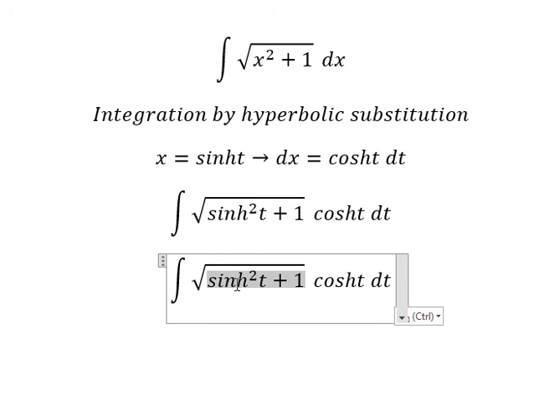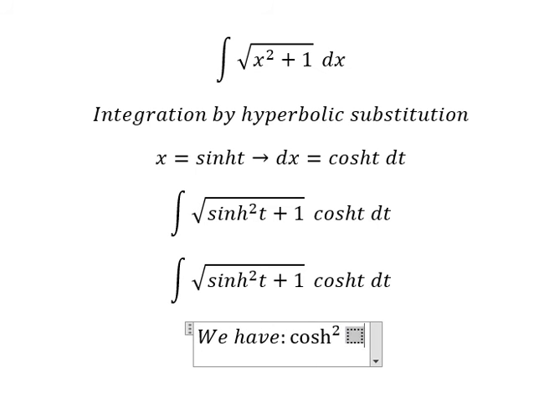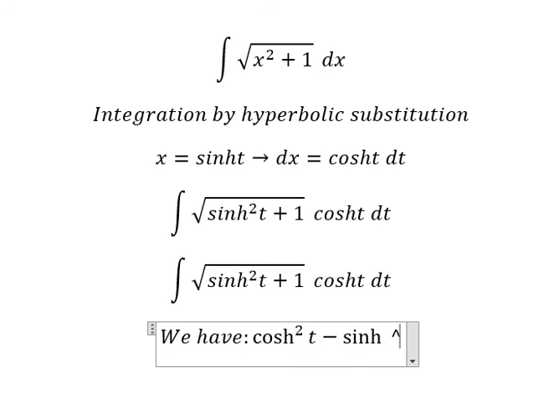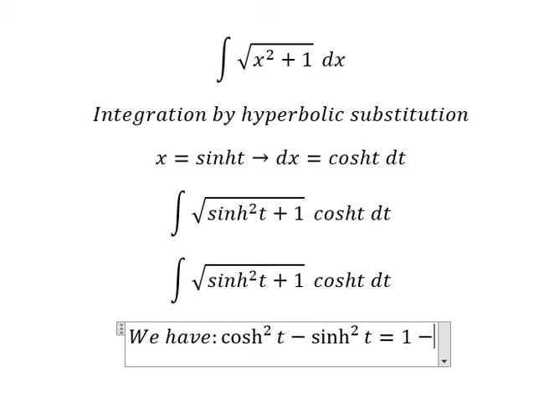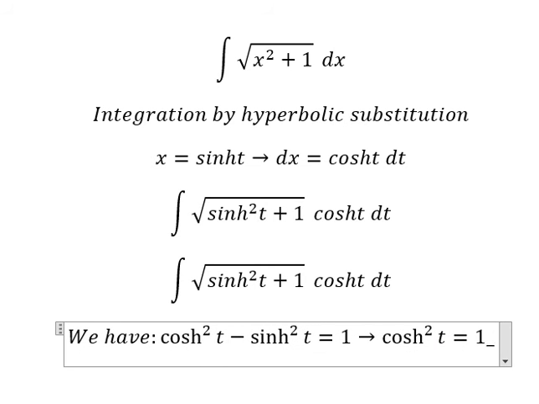This one we have the formula in here: cosh t squared minus sinh t squared equals 1. So if I move this one to the right, you get cosh t squared equals 1 plus sinh t squared.